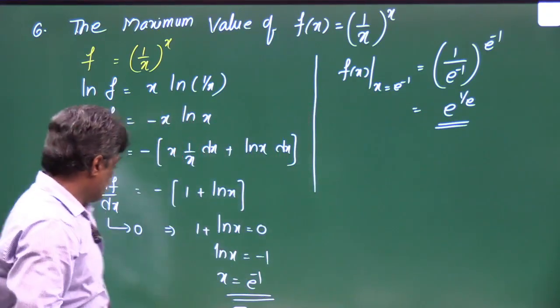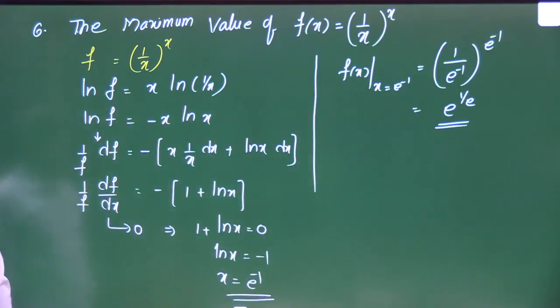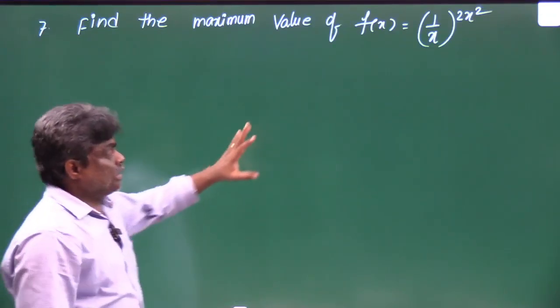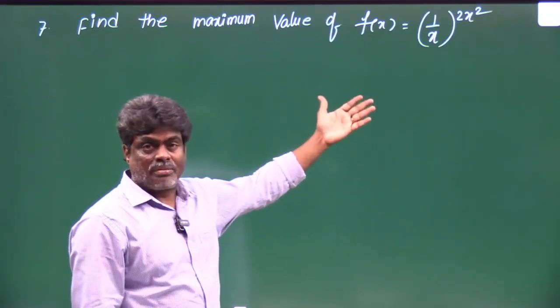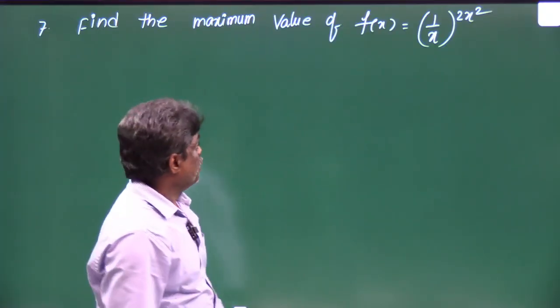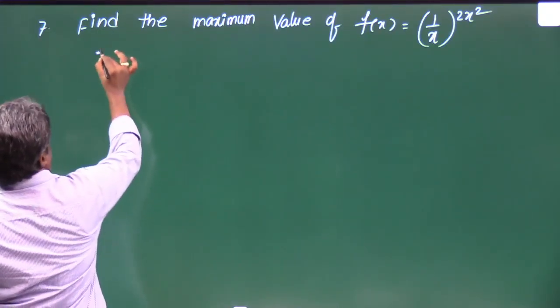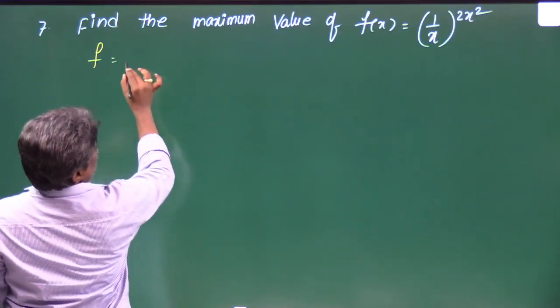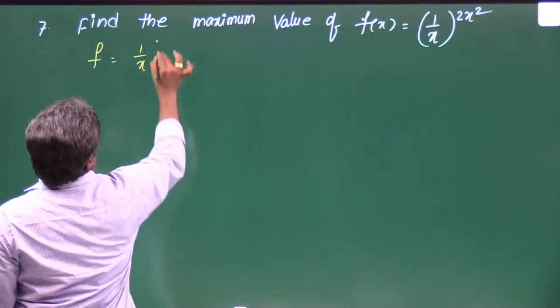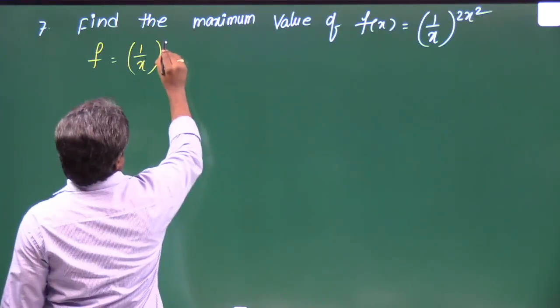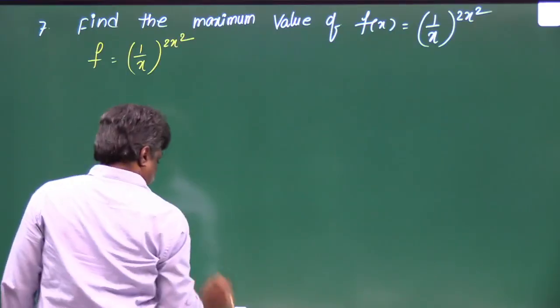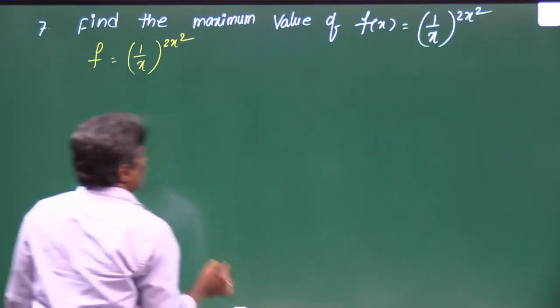Okay, so the next problem, please do it yourself, and after that check the answer. Here they have given a function again, f equal to 1 by x whole power 2x square. So this is also the same thing, a similar one.